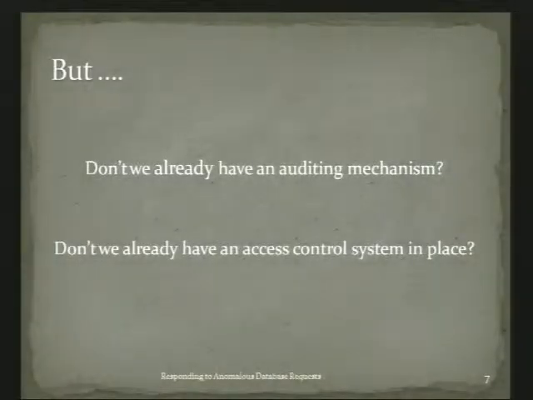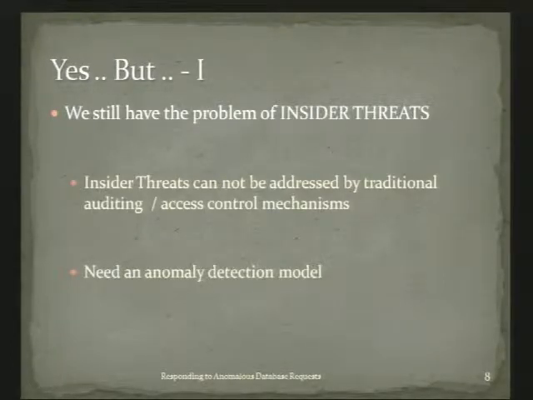Now the question you might have is, don't we already have an auditing mechanism inside databases to address this? And of course there is. And don't we already have an access control system in place to prevent unauthorized access to data? Yes, we do, but we still have the problem of insider threats.